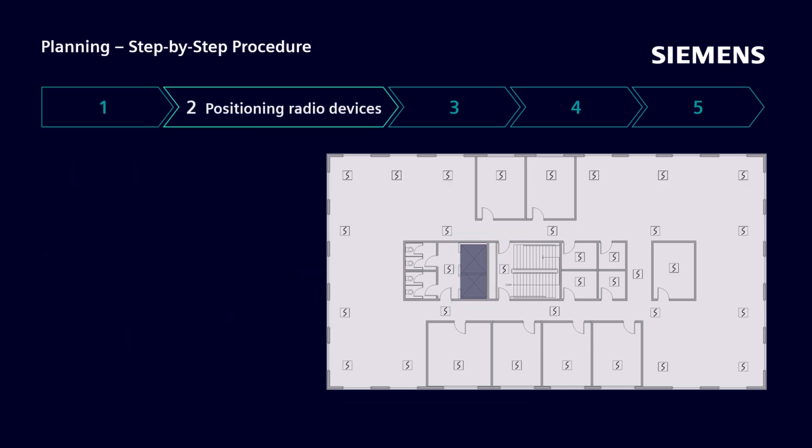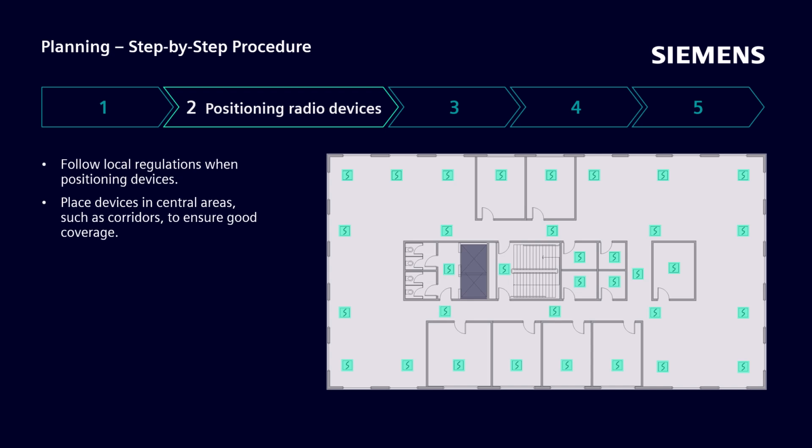Once the exclusion zones are marked, the next step is to position the radio devices within the usable areas. But before placing any devices, there's one critical prerequisite. All device locations must comply with country-specific regulations. For best performance, place devices in central locations.